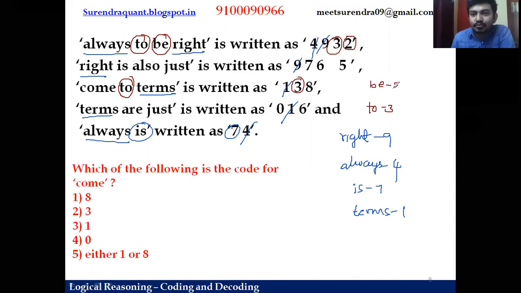So B means 2. Here only come is left, 8 left. So come is coded with the number 8. Just is present in this statement. In this statement, only 6 is common. So we can decode just with the number 6. Here only the word or, only the digit 0 is left. So or is coded with 0.